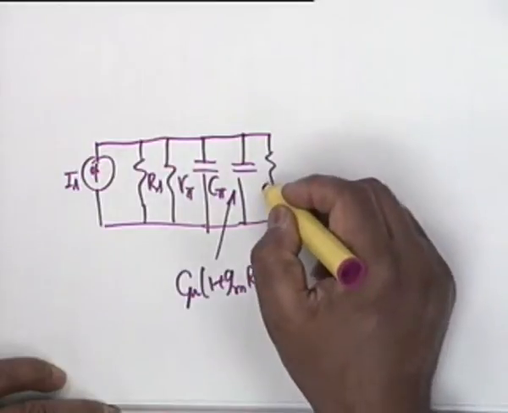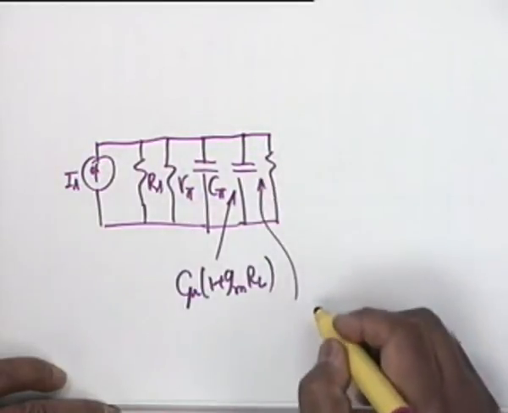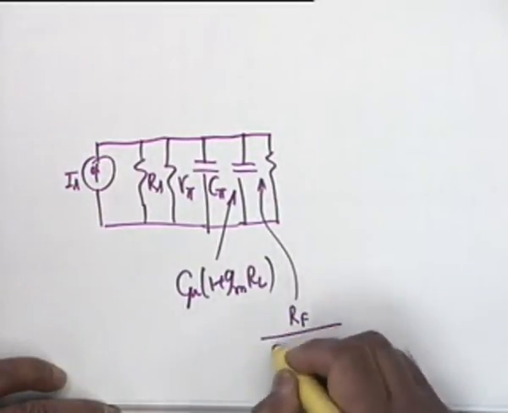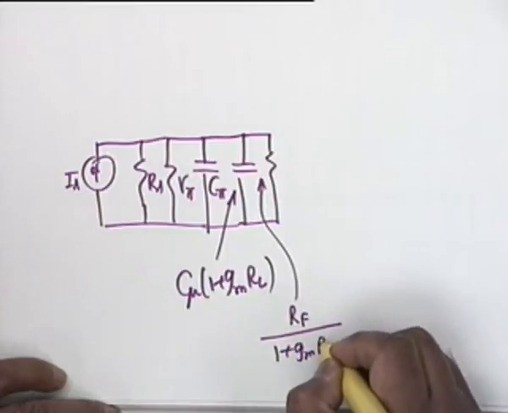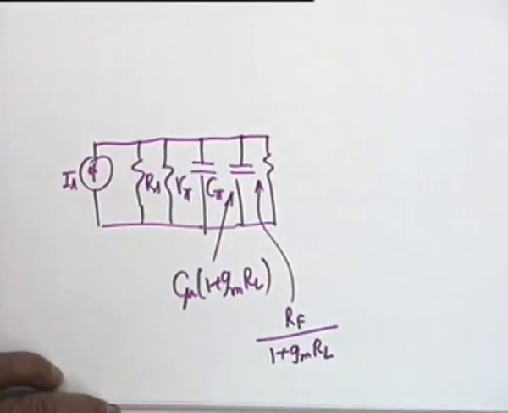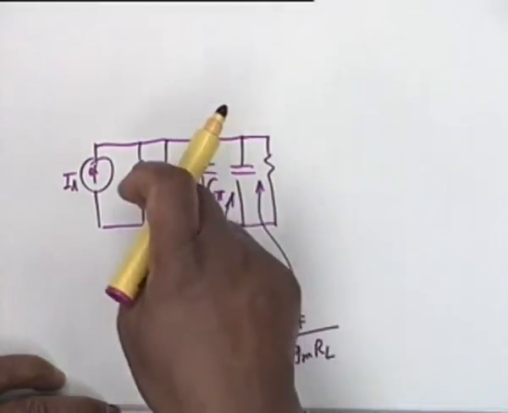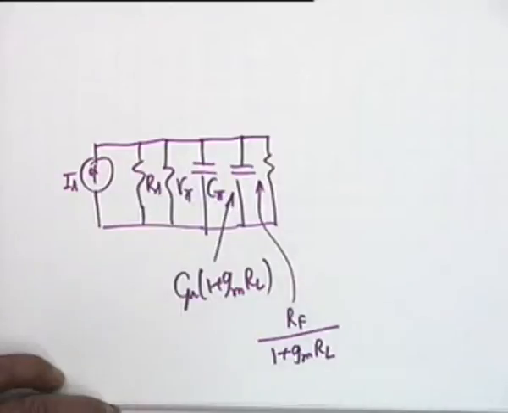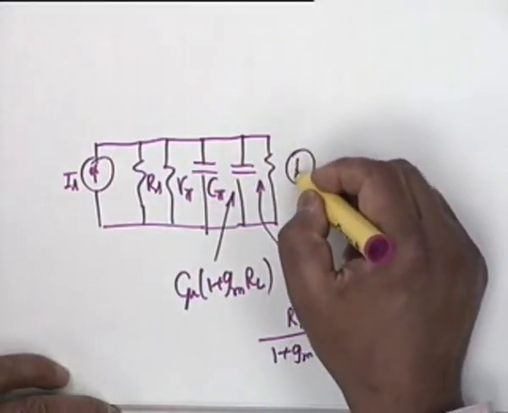What would be its value? RF upon (1 plus GMRL). You see, it would be reflected as a low impedance now, and it might become comparable to RS and R pi, and therefore it has to be taken into account. Clear? Okay.